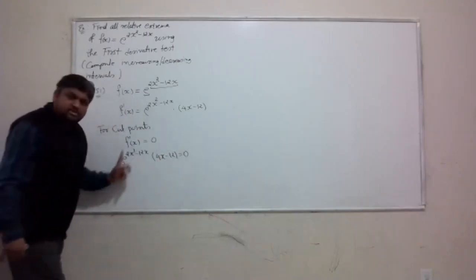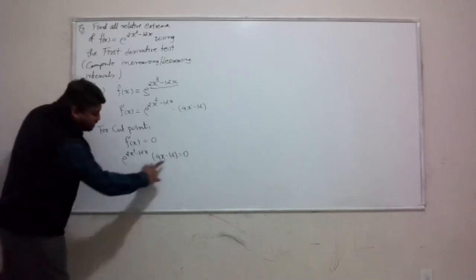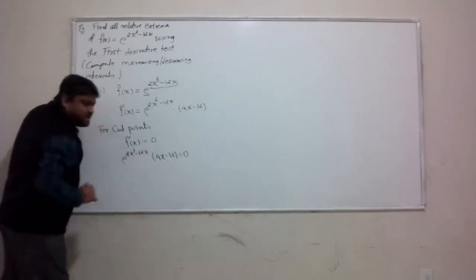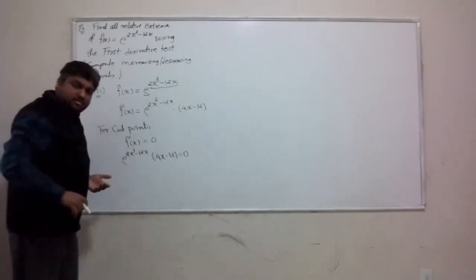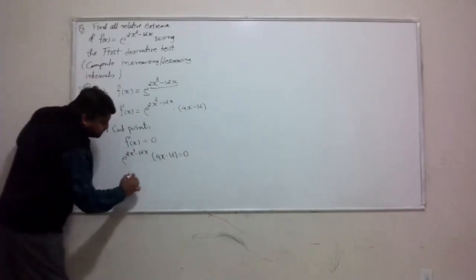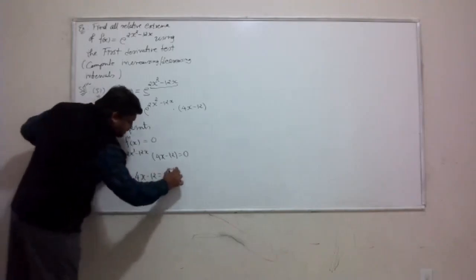Recall that the exponential function is a strictly positive function, right? So in order to make this product 0, you must have the other factor equal to 0. E to the power anything is a strictly positive quantity, right? So the only possibility that makes this product 0 is 4x minus 12 being equal to 0.